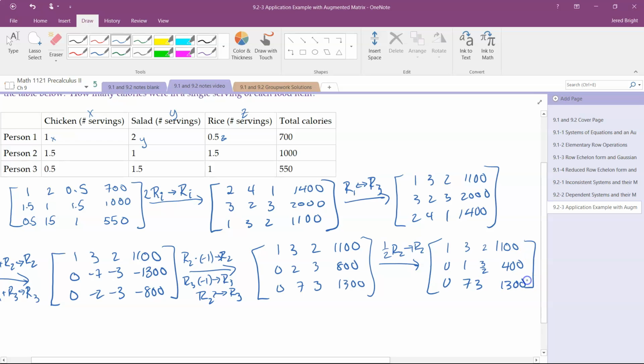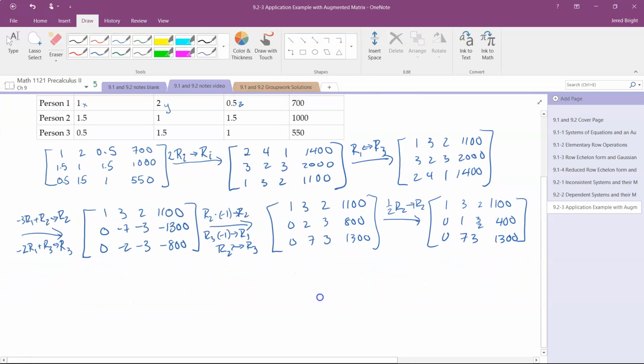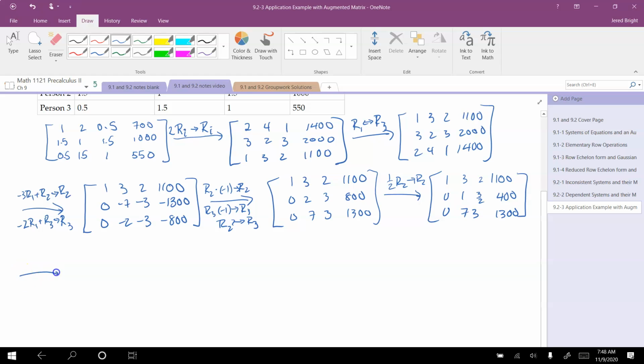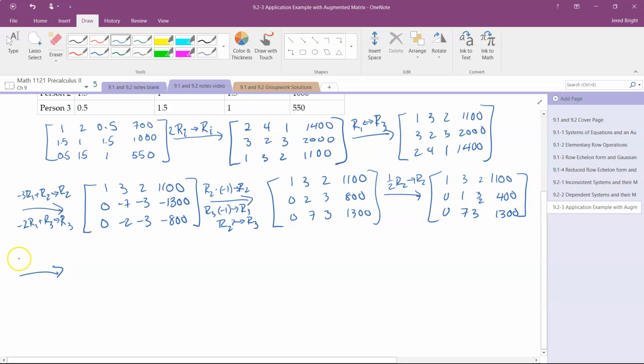Okay, so from here, the next step is to take -7 row 2 plus row 3 into row 3 to knock out that 7.